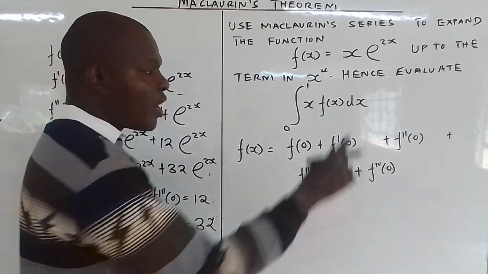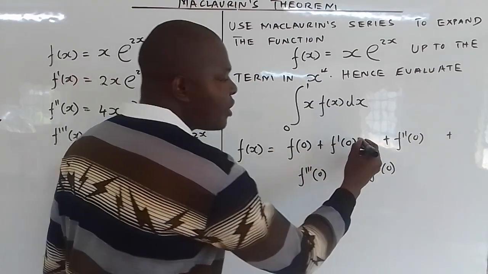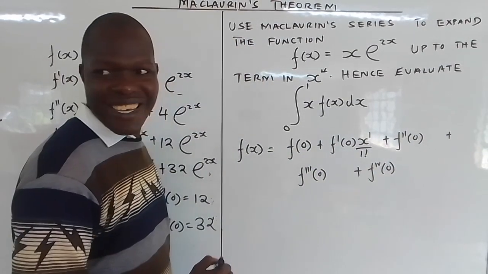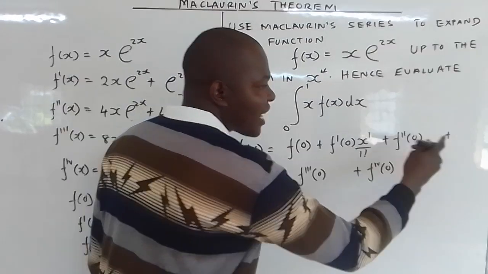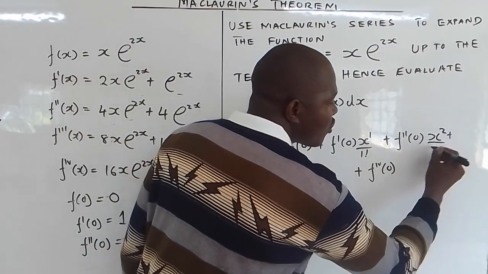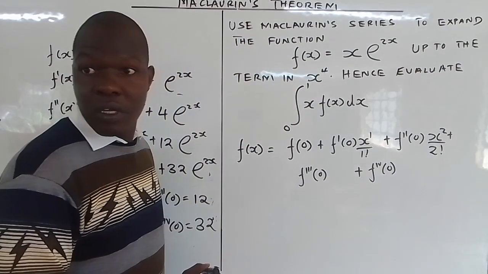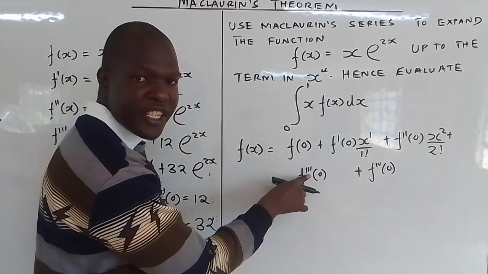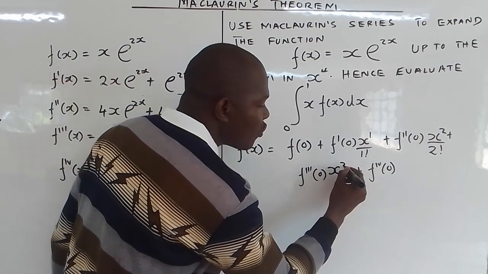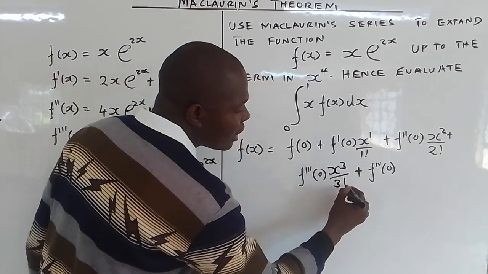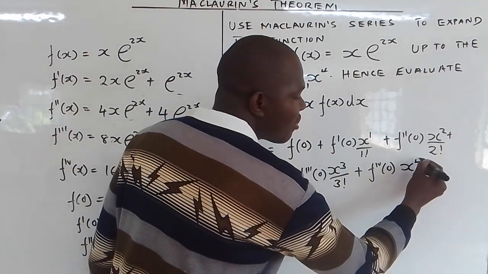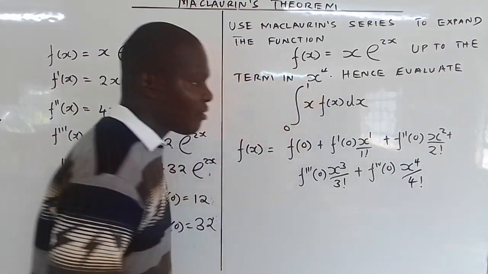So you see here, when you differentiate it once, it means you have x raised to power 1 over 1 factorial. When you differentiate for the second time, it means you have x squared over 2 factorial. If you differentiate it for the third time, it means you have x cubed over 3 factorial. If you differentiate it for the fourth time, it means you have x to the power 4 over 4 factorial.